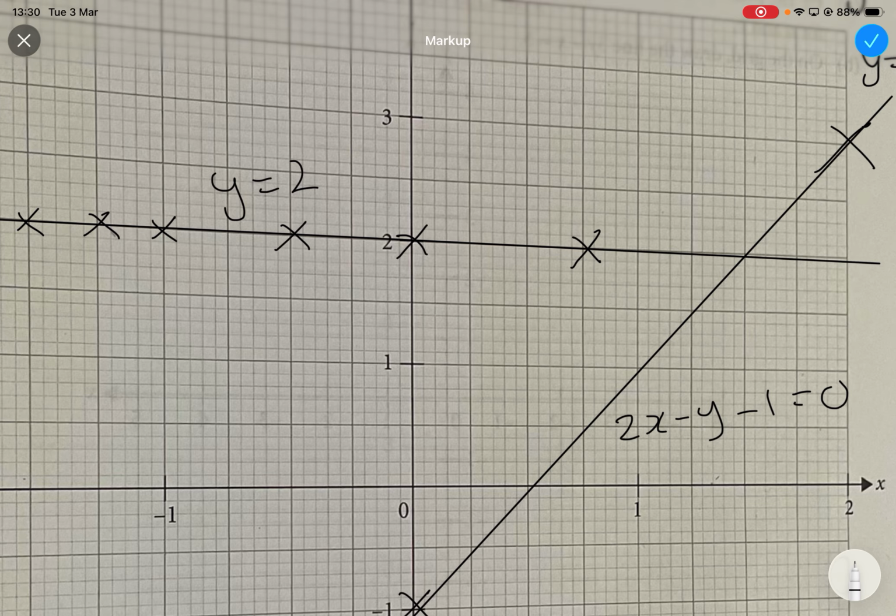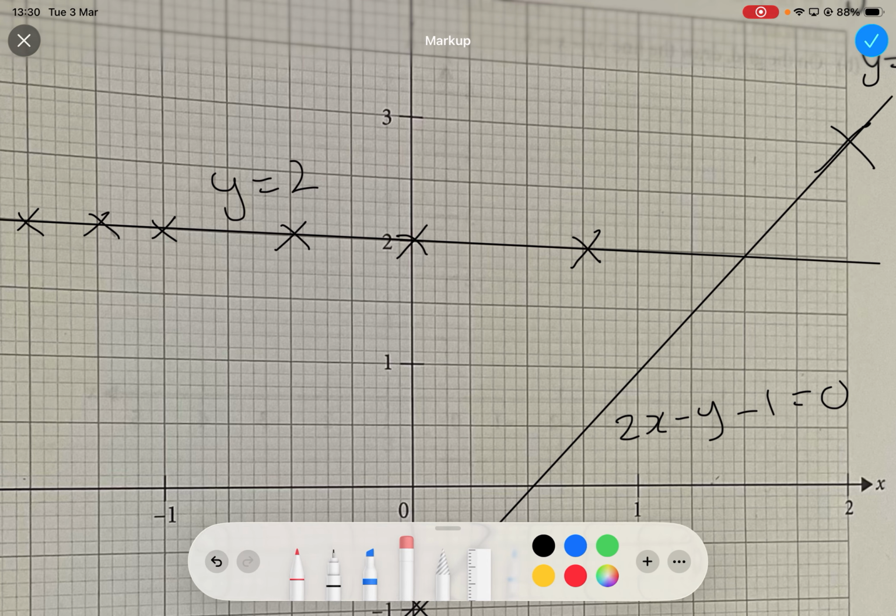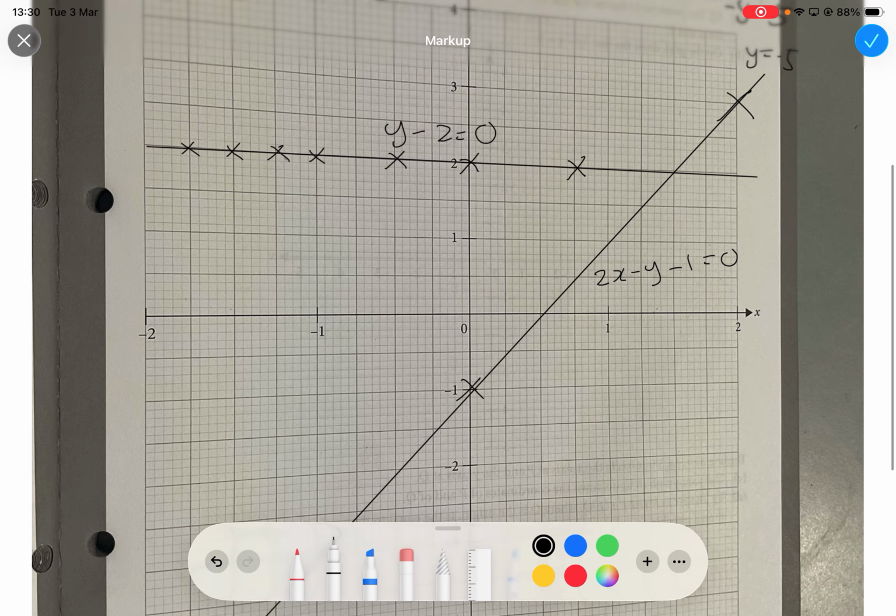For example, when x is 4, y is 0. When x is 0, y is 4. And when x is 2, y is 2 also. So there are endless combinations of x and y that can fulfill this equation.